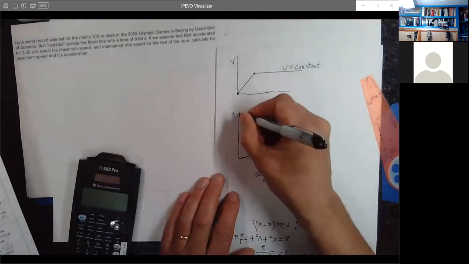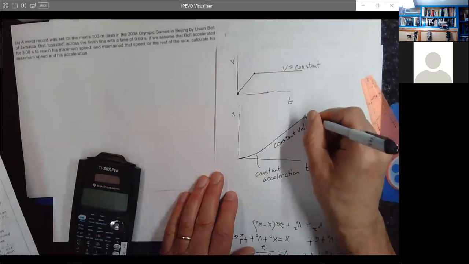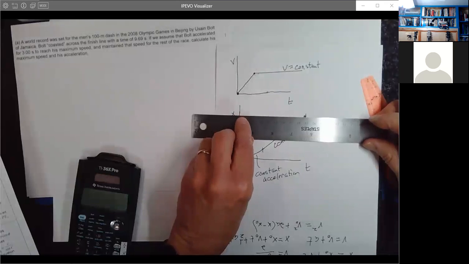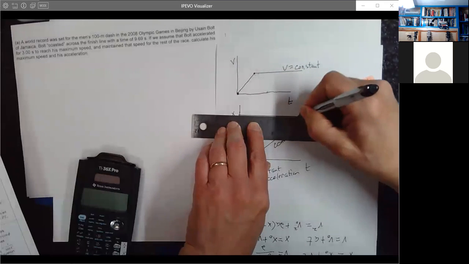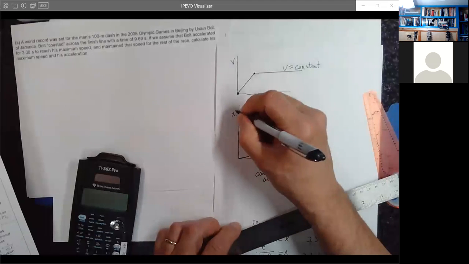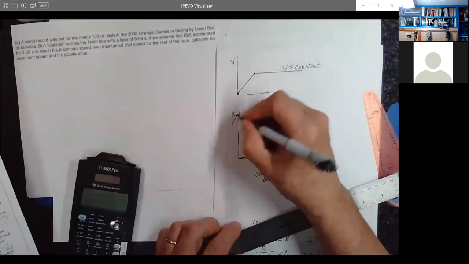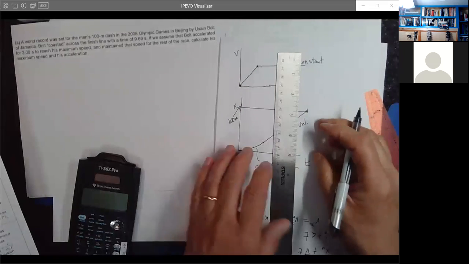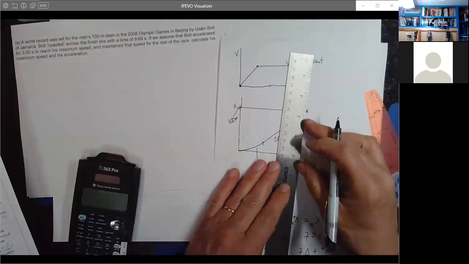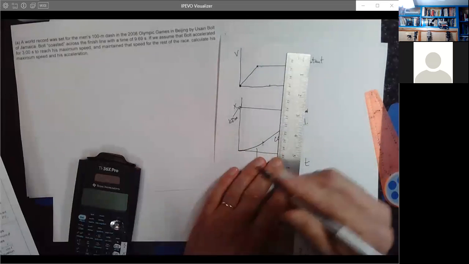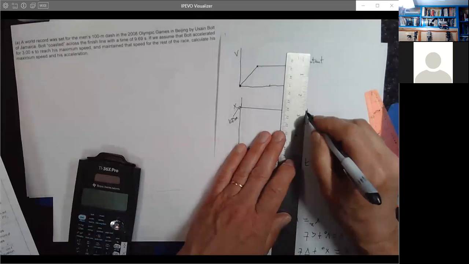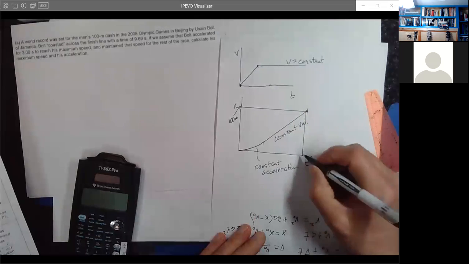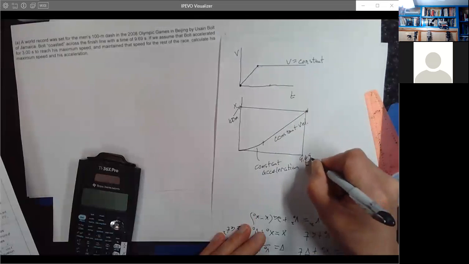Okay, now something that I know is that at the end of this, his position is going to be 100 meters. At the end of the race, the time is going to be those 9.69 seconds.